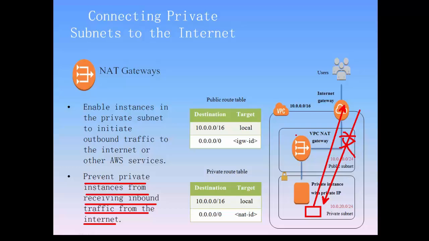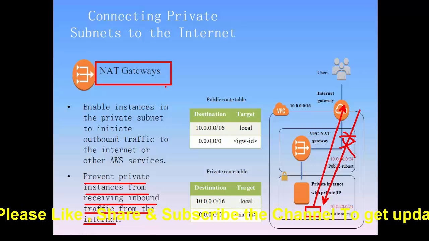For that purpose, we use the NAT gateway. An EC2, or any instance in the private subnet, can still go to the internet with the help of the NAT gateway.